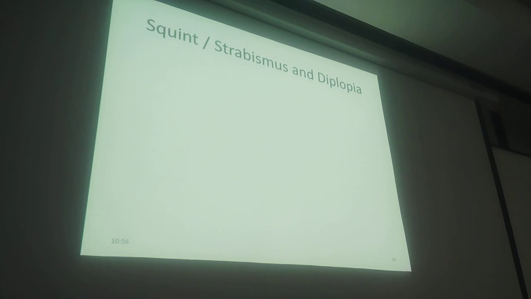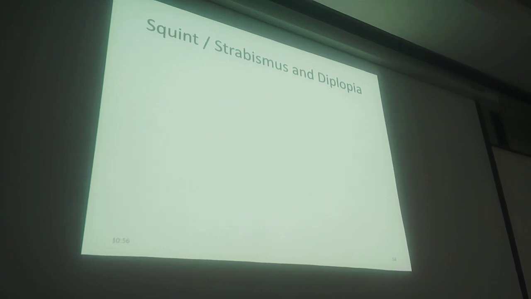I repeat again, if the angle between the visual axis of one eye and the other eye are non-parallel but a fixed angle, and irrespective of whether you move to the left, right, up, down, the angle between them remains fixed, the brain learns to suppress the image of the faulty eye so that you don't get diplopia.